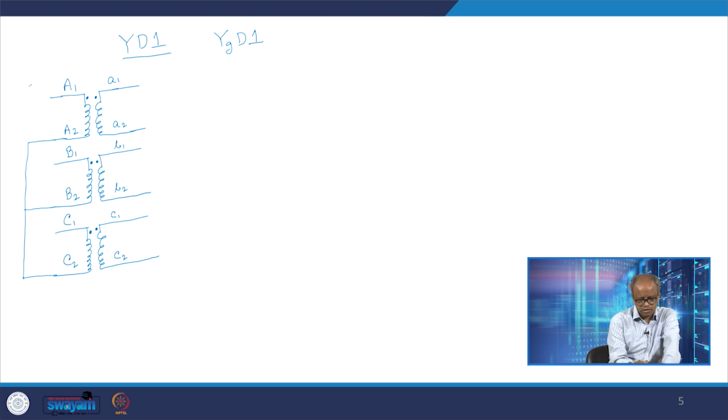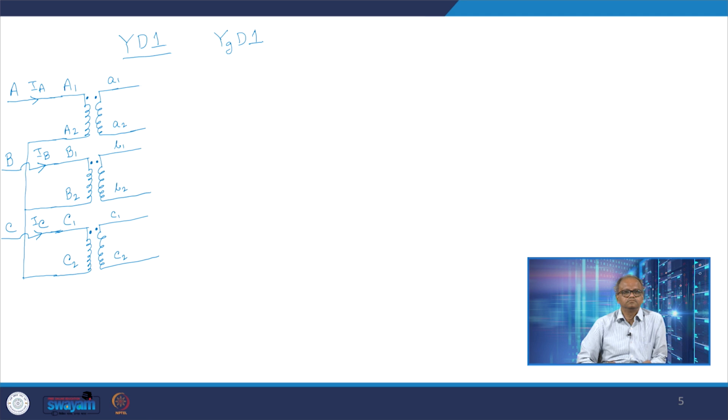So then we call it phase A. This is I capital A. We call it phase B, current is I capital B, and we call it phase C, current is I capital C. So we have first taken the windings only and made the connection at the star side.